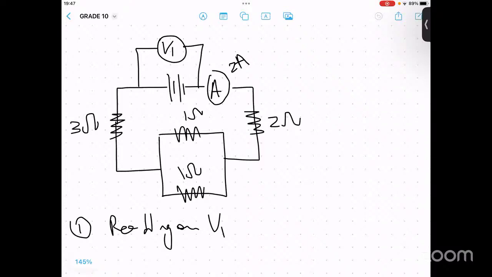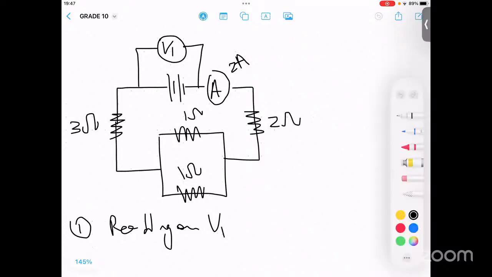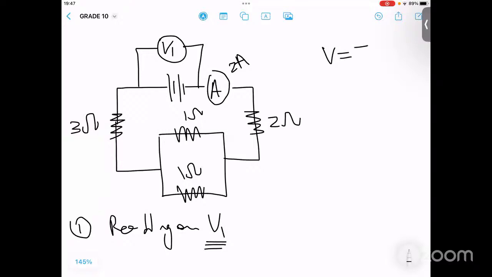Okay. Let me guide you in terms of how you work it out so that we maximize on the remaining time. I want to give you an idea of how physics works and how you work out the answers. When they say the reading on V, you need to think of the formula you need to use to calculate V. We know the formula is V equals IR. What can you substitute there in order to calculate V1?